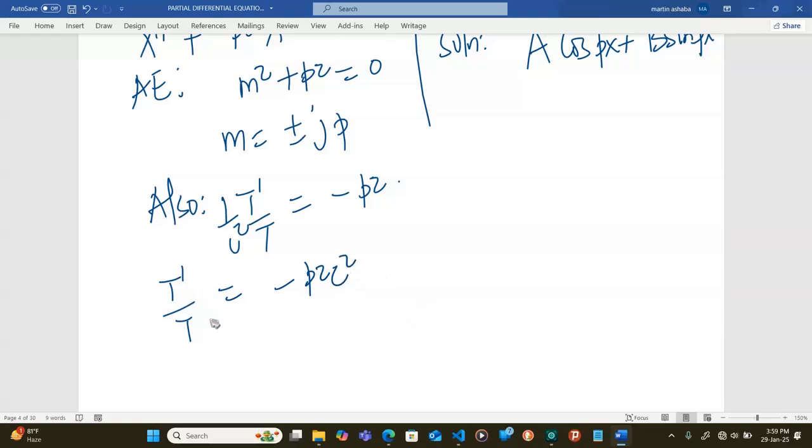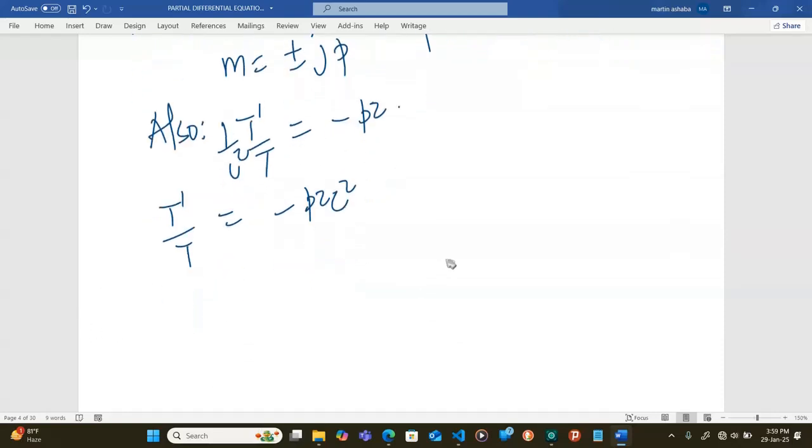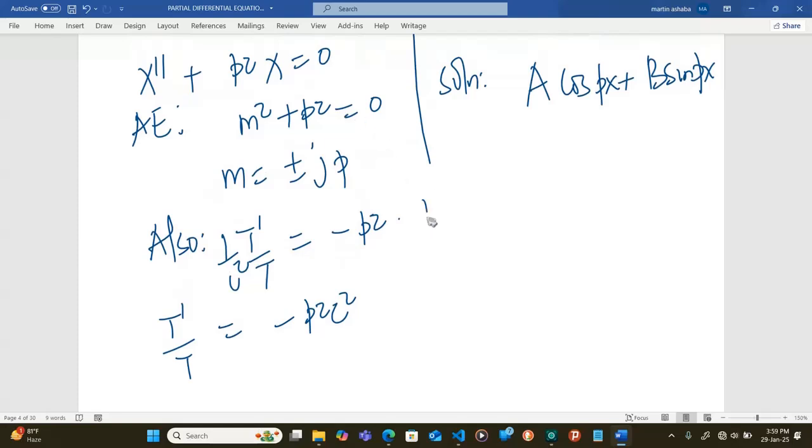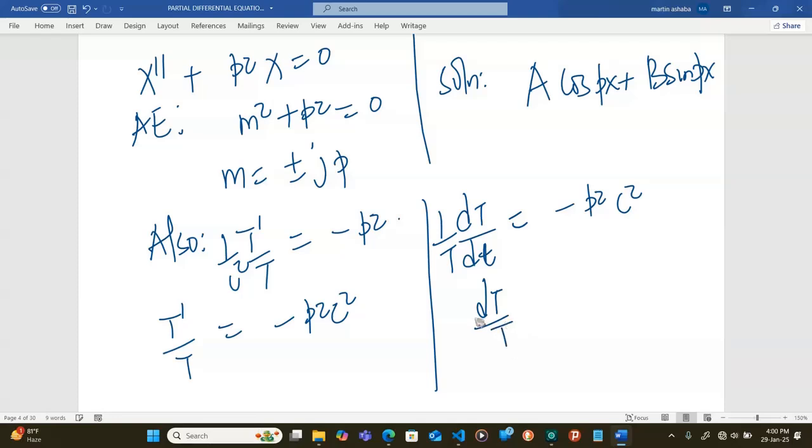If I introduce integration, this is equivalent to dT by dt, then divided by T, equal to negative p squared c squared. This is how it looks. If I integrate both sides, I will have dT by T equal to negative p squared c squared dt.